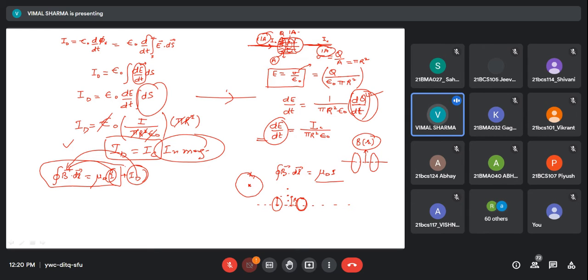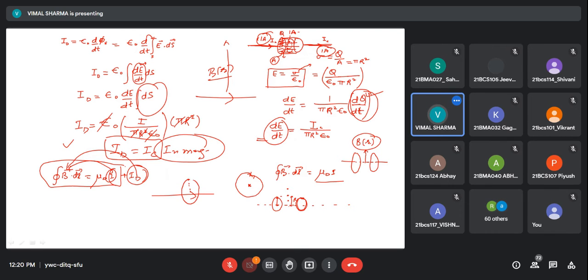If I have a current carrying conductor and I move away from it, how does the magnetic field vary with distance r from the current carrying conductor? I have that expression, and from the unmodified form of Ampere's law you can easily find it. I'm interested in finding the magnetic field at this point, at distance r from the current carrying conductor.